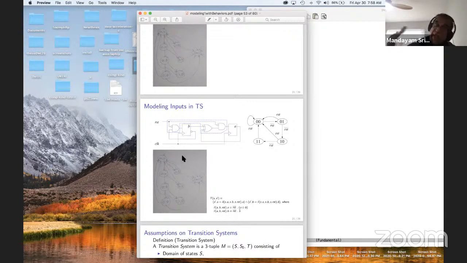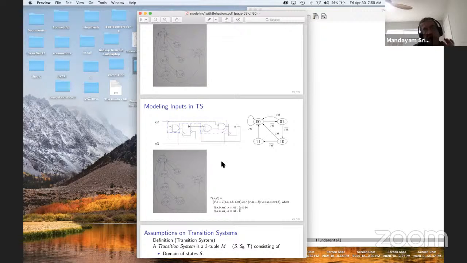And we will get to that. So the answer to your question is yes, a closed system is where I have the entire thing in a monolithic way, modeled as a single transition system, both the environment as well as the system. That is sometimes what is referred to as a closed system.